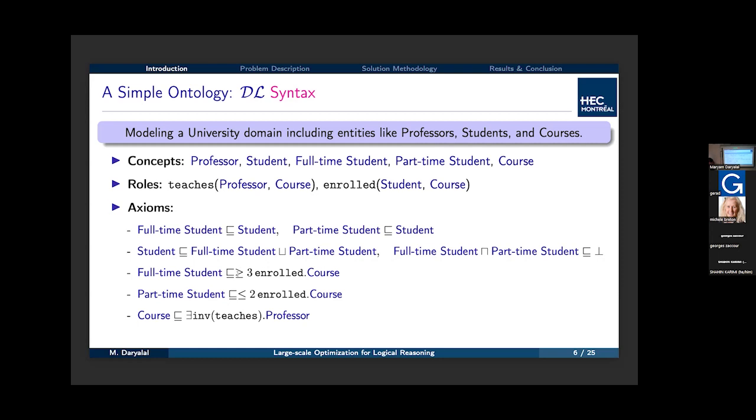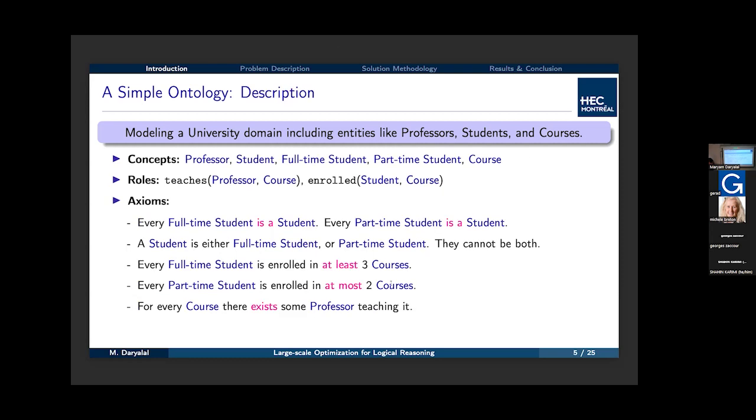I'm using the greater-than-or-equal-to operator to represent this cardinality restriction on the number of courses that is required so that a student becomes a full-time student.